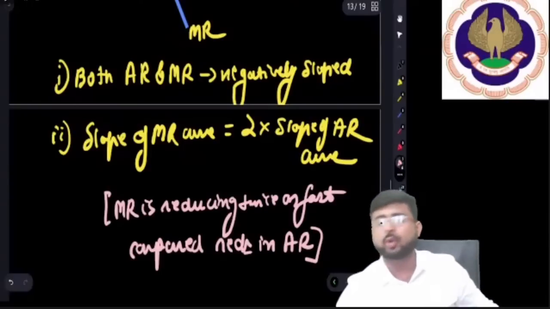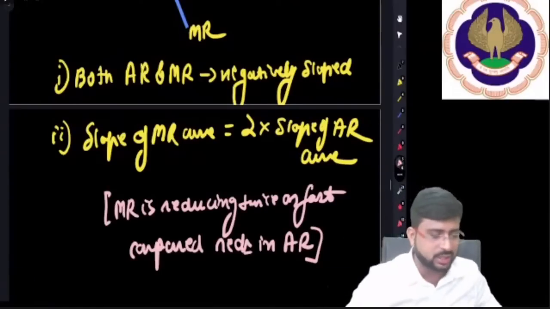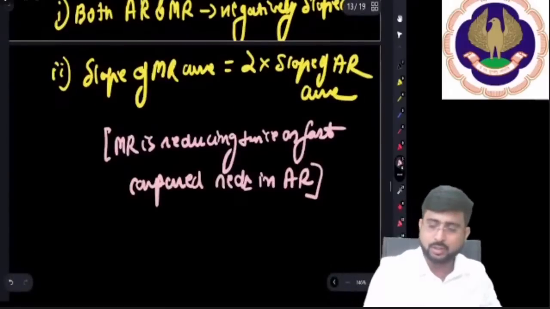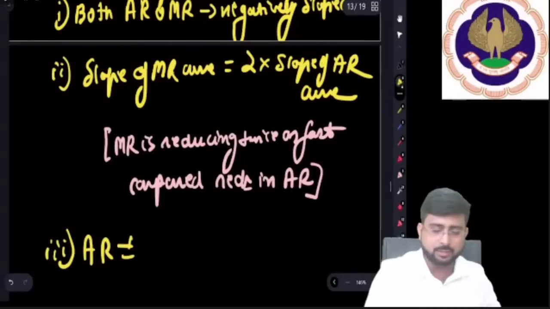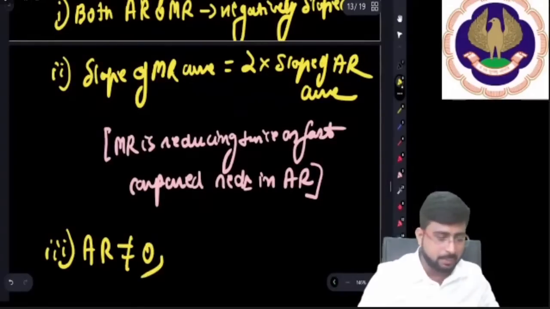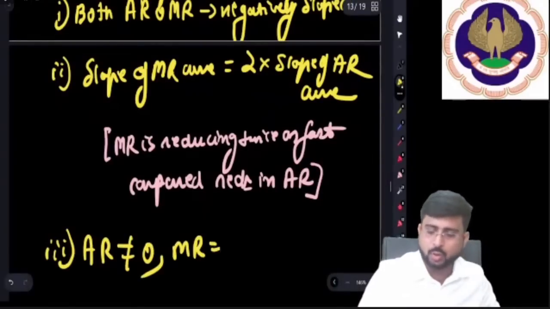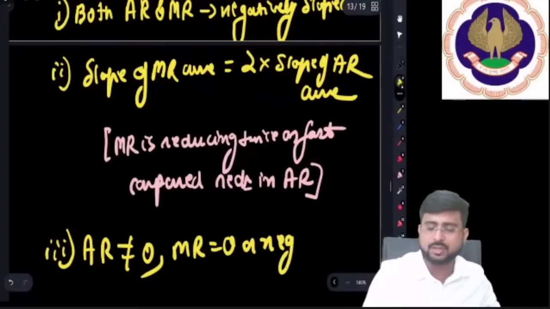And always remember, which is obviously logical, but in case you forget, AR can never be equal to 0, but MR can be 0 or negative.